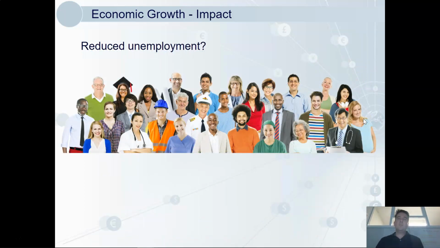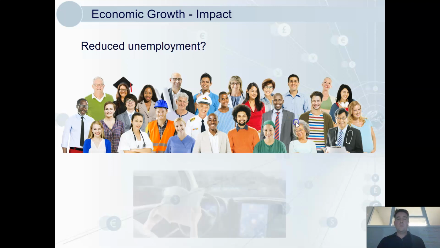Now, the more goods and services we are producing, the more people should be needed to produce them, meaning less unemployment. However, it's not always that simple. It used to be, a long time ago, but technology is changing things. The advent of labour-saving technologies can mean that more is produced without actually needing more people to produce it.